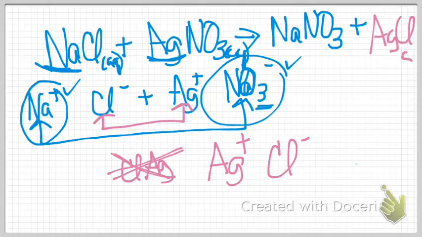This forms a solid. And if you will notice in your textbook, in Chapter 4, it lists for you solubility rules and tells you what things are soluble and what things are not, so that you can find out which of these two it is. Is it going to be the sodium nitrate, or is it going to be the silver chloride that is going to allow this to happen?